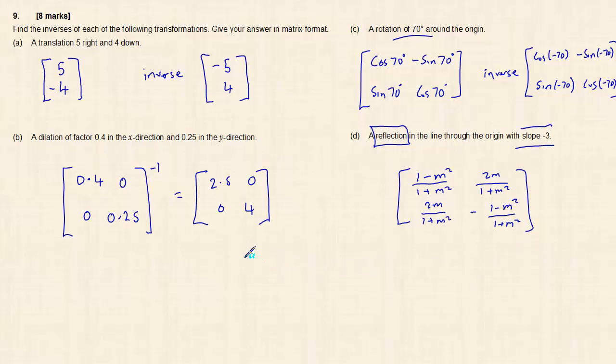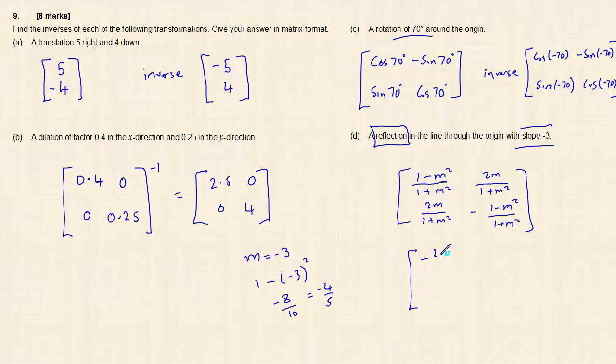Now, m is equal to -3 here, so 1 take away -3 squared is 1 take away 9, so that's -8, and 1 plus m squared would be 10, so that's -4/5.